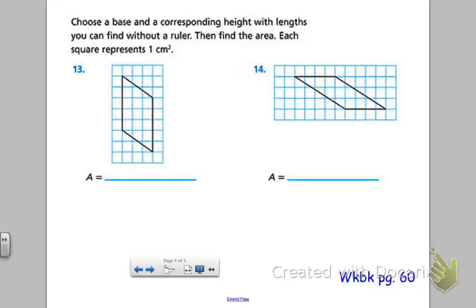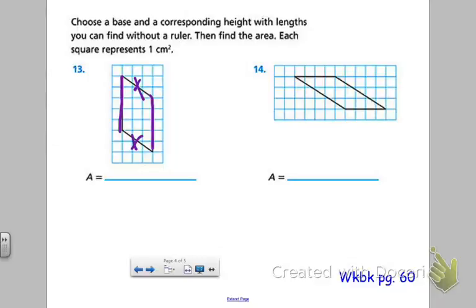For numbers 13 and 14, they're both parallelograms. So let's see, if I were to pick out the base, I would say maybe this is the base, or this could be the base. Either of those could be the base. Now I need to figure out the height. I'm not going to use these slanted sides here. They're not going to help me. I need base and height to be perpendicular.